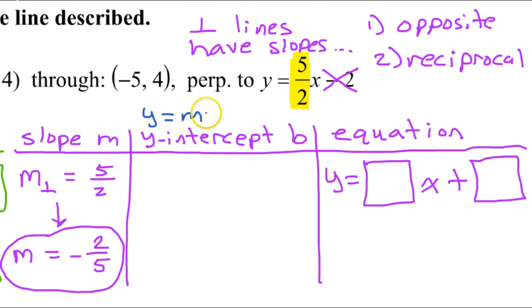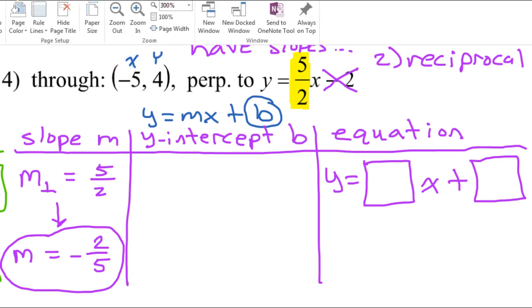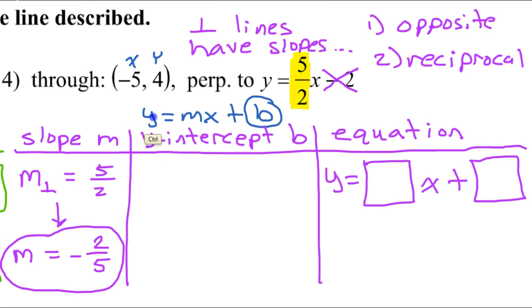for which we will use the model itself, y equals mx plus b. Understanding that we're trying to find b, so we need y, m, and x. We can use the point on the line for the x and the y. So since the model starts off y equals, then I need to start off with 4 equals. Next comes m, so the slope is negative 2/5.